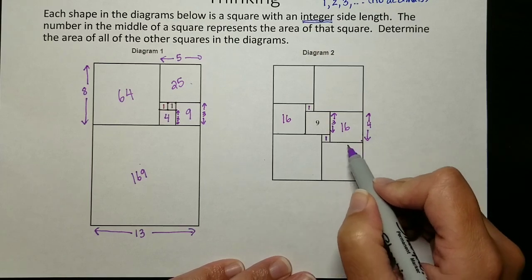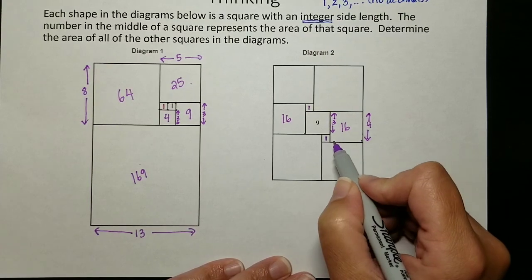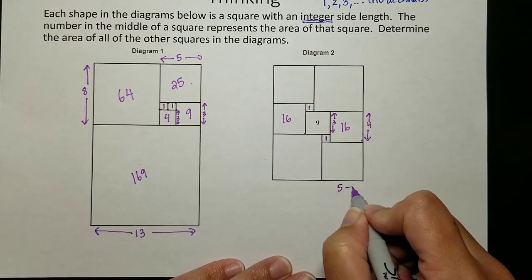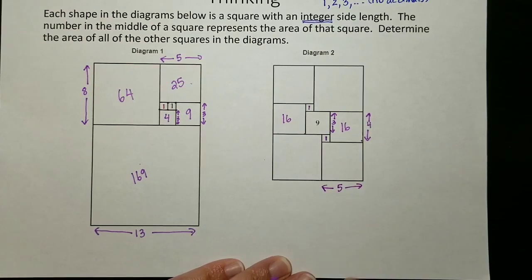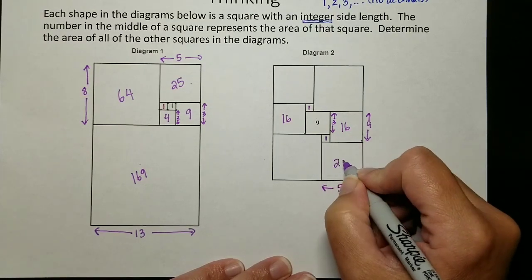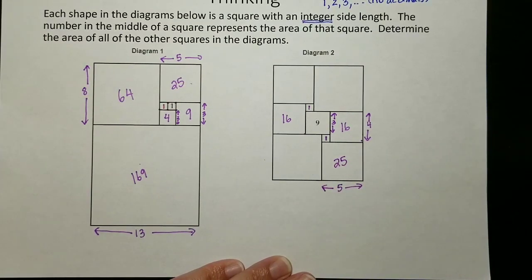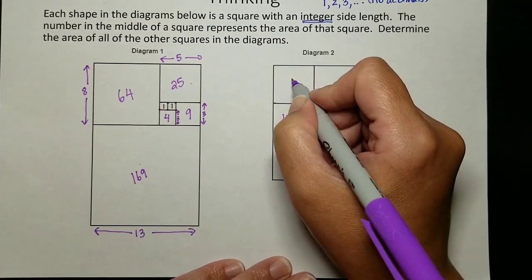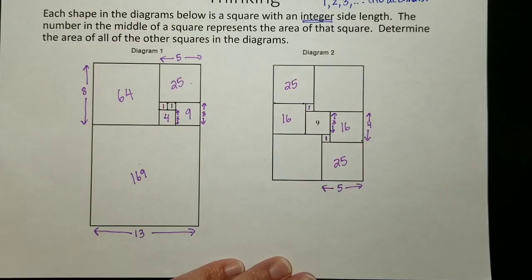The next biggest square in here, we will have 4 across here plus 1. I see a 5 there. So 5 times 5 gives me an area of 25. And then the same here. I've got 4 and 1 is 5. And that gives me an area of 25.